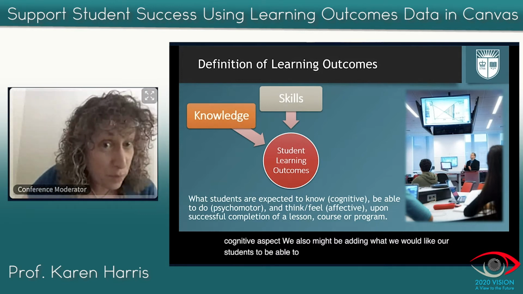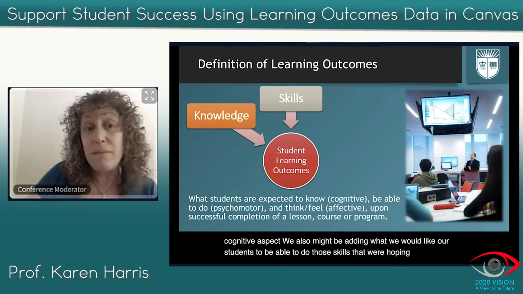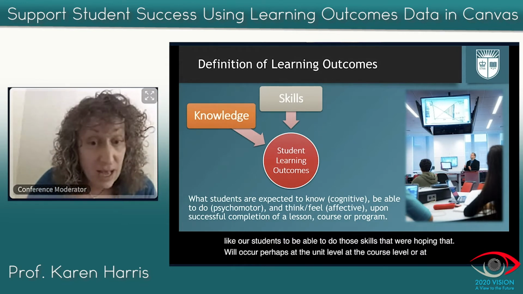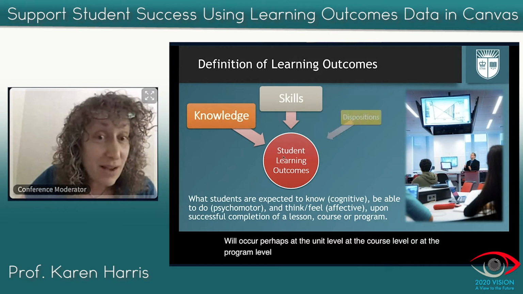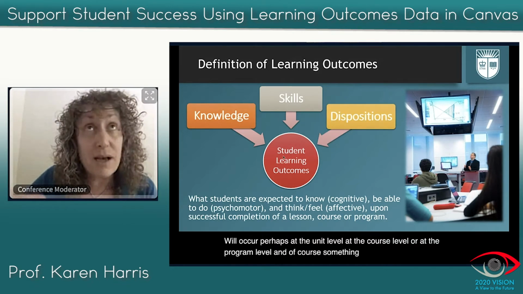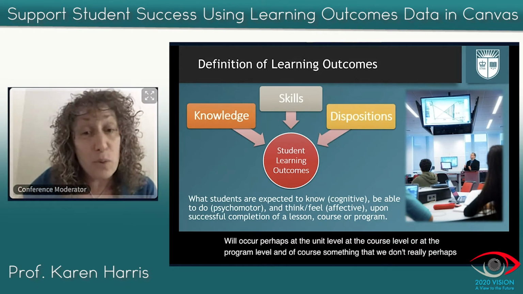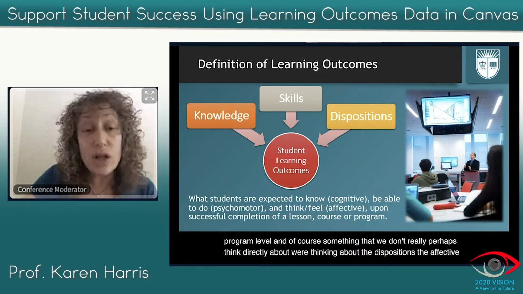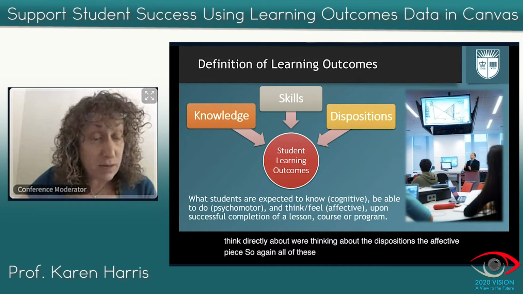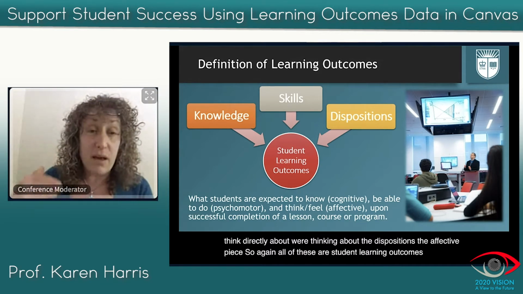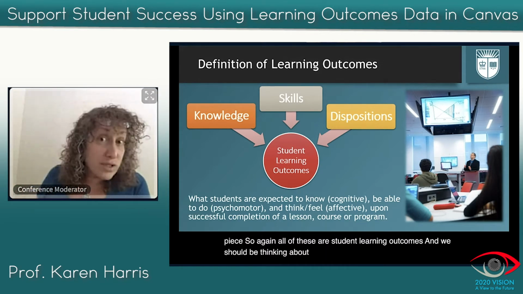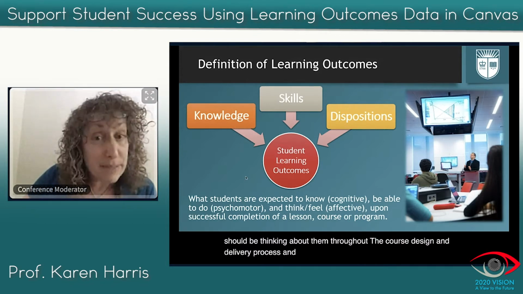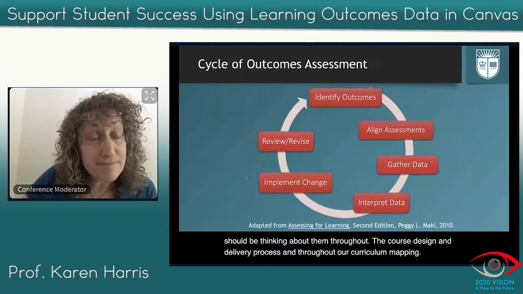Those skills that we're hoping will occur perhaps at the unit level, at the course level, or at the program level. And of course, something that we don't perhaps think directly about, the dispositions, the affective piece. So again, all of these are student learning outcomes, and we should be thinking about them throughout the course design and delivery process and throughout our curriculum mapping.